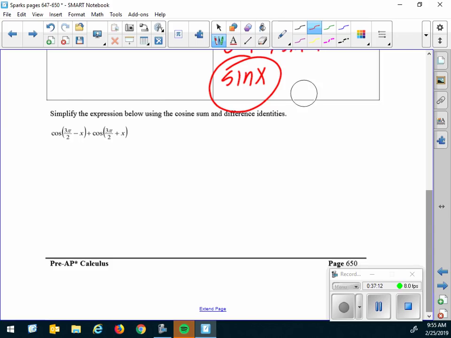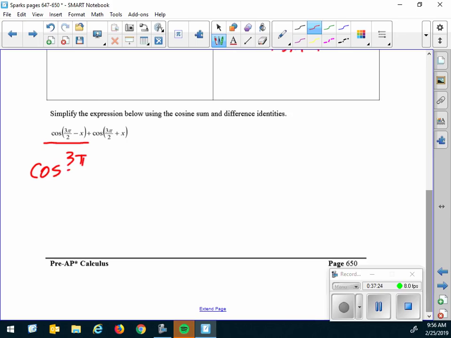Simplify the expression below using the cosine sum and difference identities. I'm going to work on this one first. Cosine with a minus, that's going to be cosine of the first, cosine of the second, plus sine of the first, sine of the second.